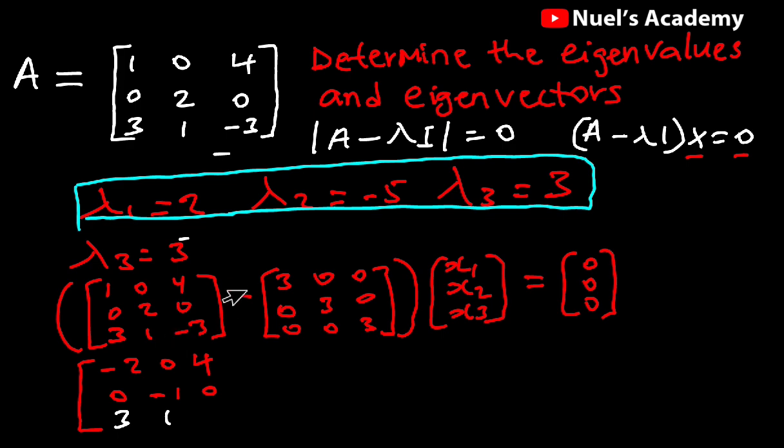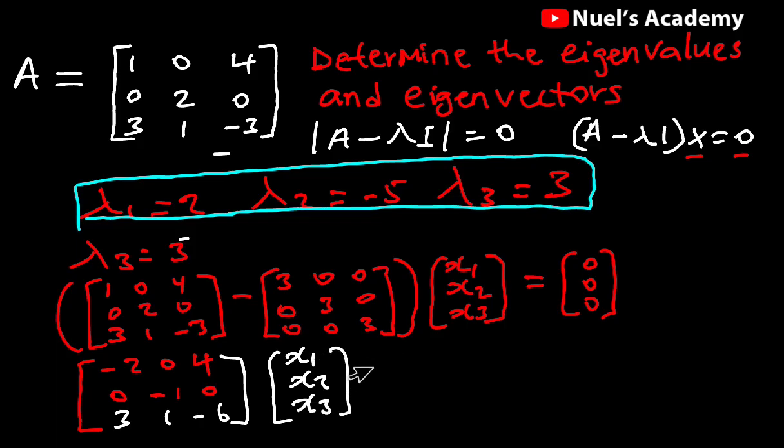Minus 3 minus 3 is equals to minus 6. Then multiply by x1, x2, x3 equals to 0.